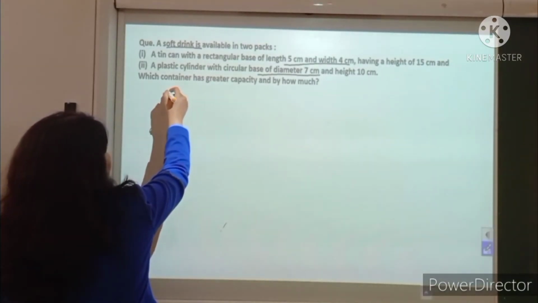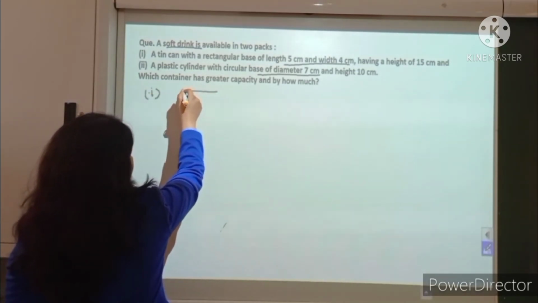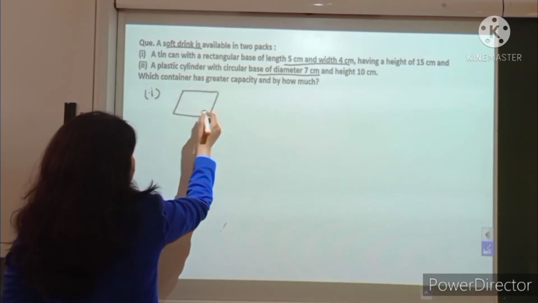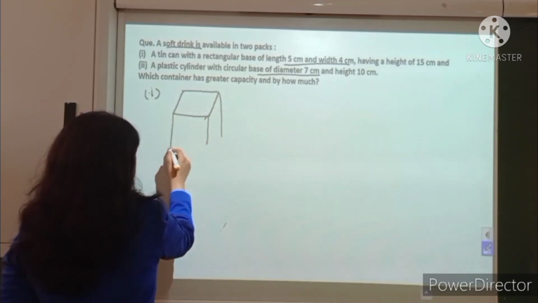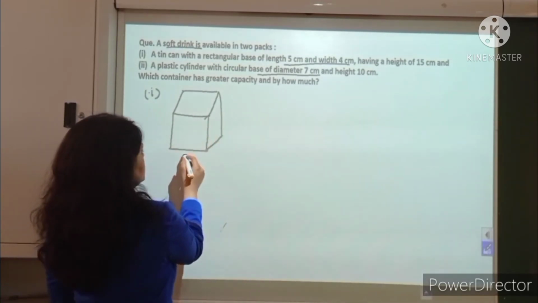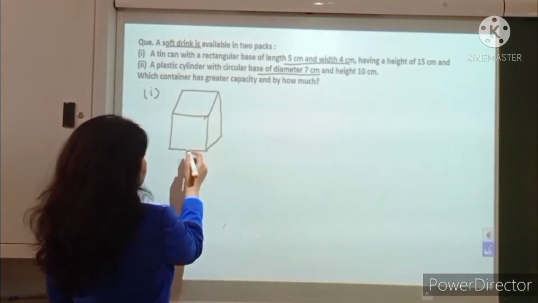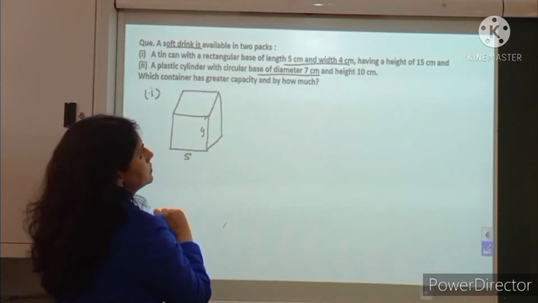Now, in the first case, since the can has the rectangular base, it is in the shape of a rectangular prism. So, the length is 5 cm and width is 4 cm.